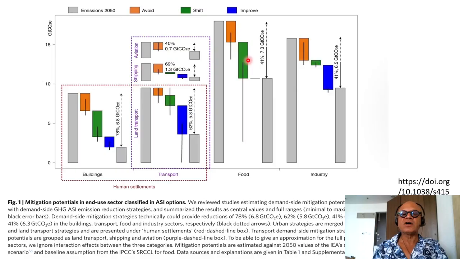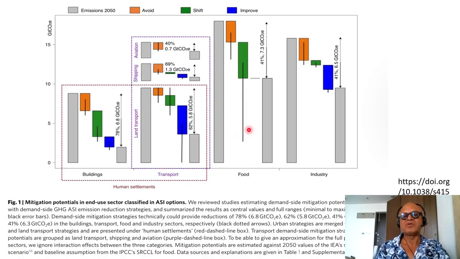Similarly for food, there is a small chunk called improve, but it doesn't even show up properly, and the uncertainties in the shift are quite large, which has to be kept in mind.